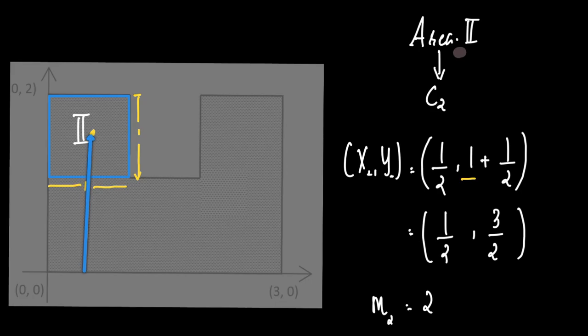This is the coordinate of center of mass, this is the y coordinate, which is equal to, see, this much distance is 1, this center of mass here is 1 by 2, so we'll have the coordinate as 1 plus 1 by 2, which is 3 by 2. Okay, and what about the x coordinate? The x coordinate is this distance over here, which is half of the width, which is 1, therefore this much distance is 1 by 2. Therefore for area 2, the coordinate of center of mass is 1 by 2 comma 3 by 2.